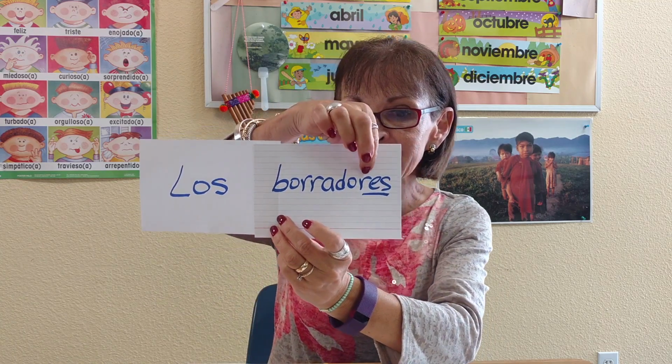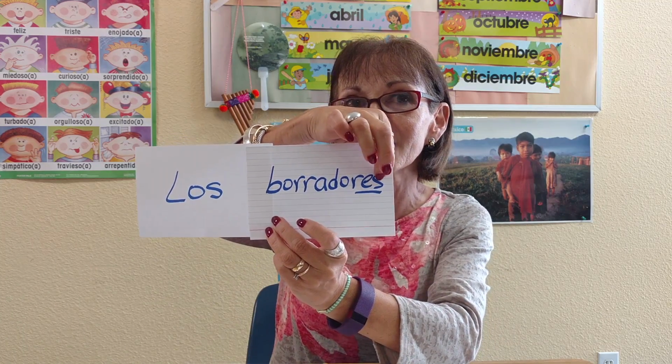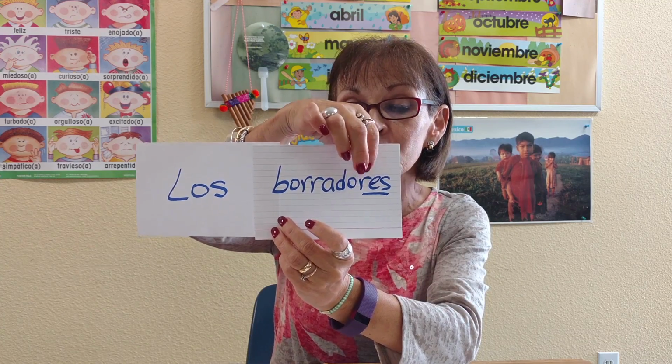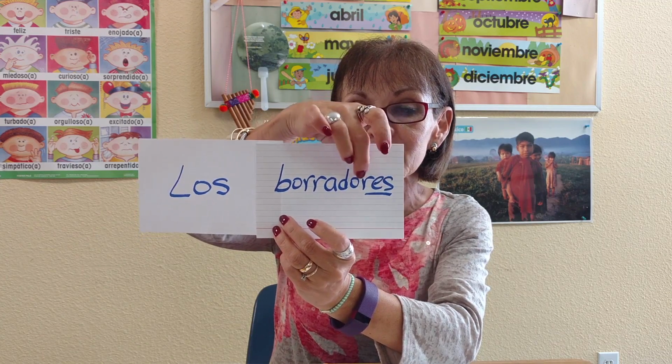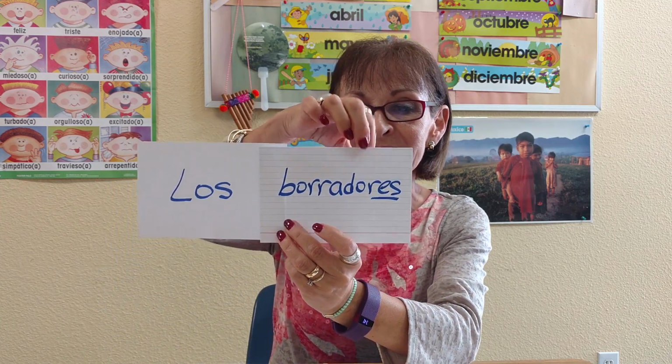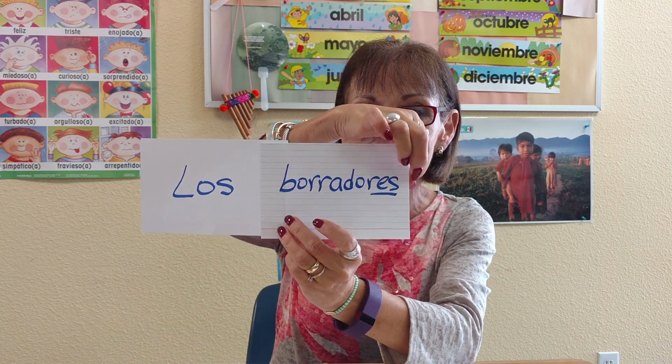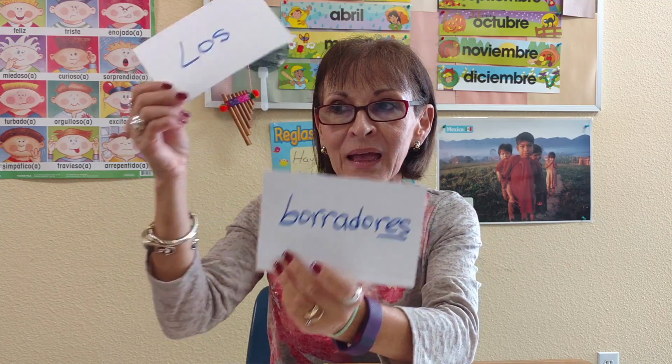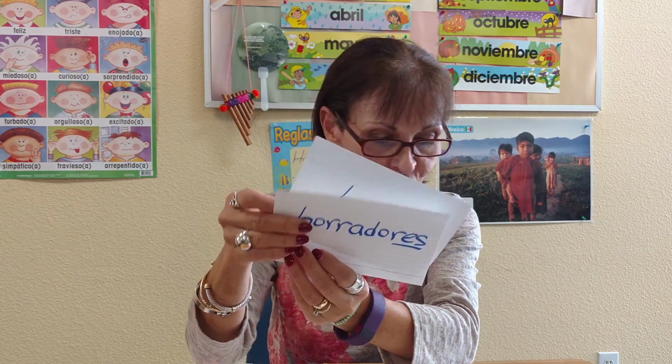And when a word ends in a consonant, then we have to change it. We have to add es. So when a word ends in a vowel, we add s. When it ends in a consonant, we add es to make it plural. And el changes to los.